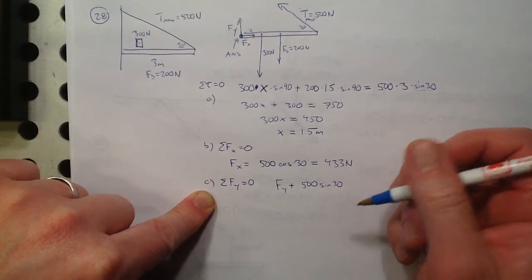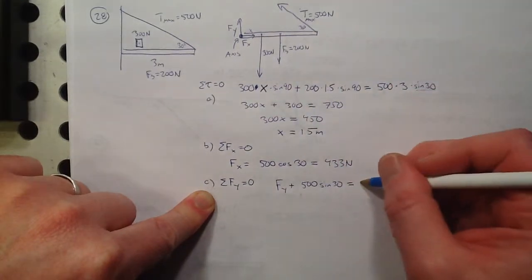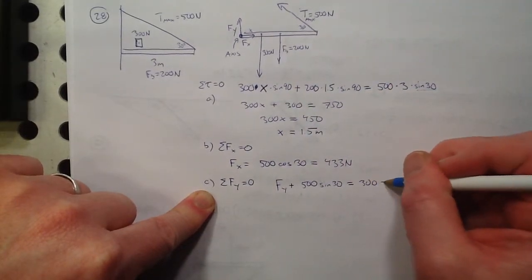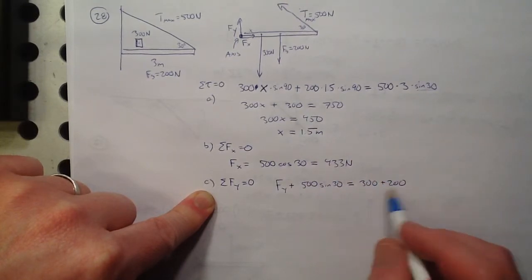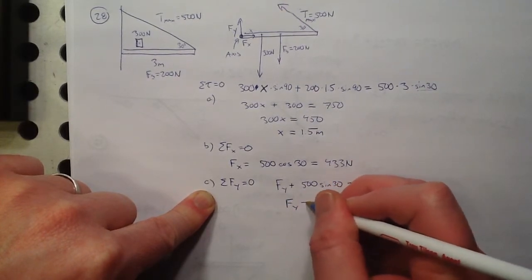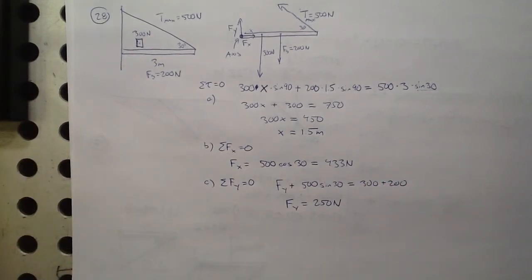That'll be 250, right? Equal to 300 plus 200. So if that's 250 there, so the Fy will be 250. And that should do it for those 3 problems.